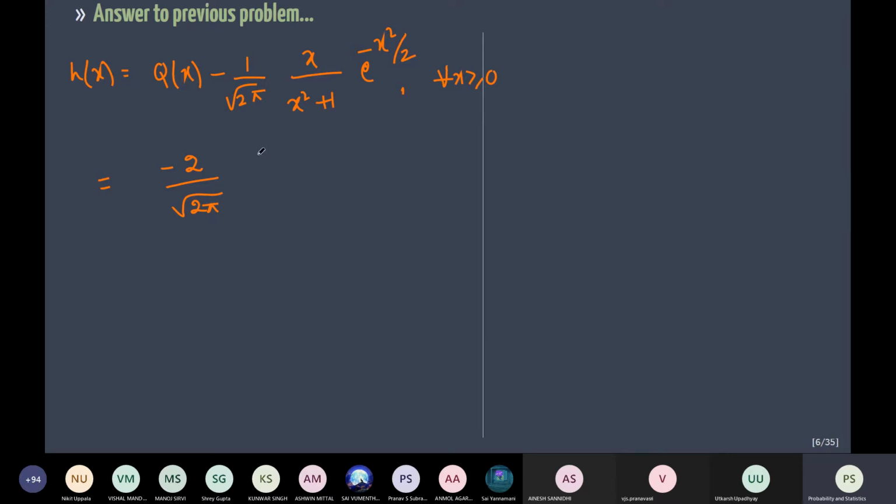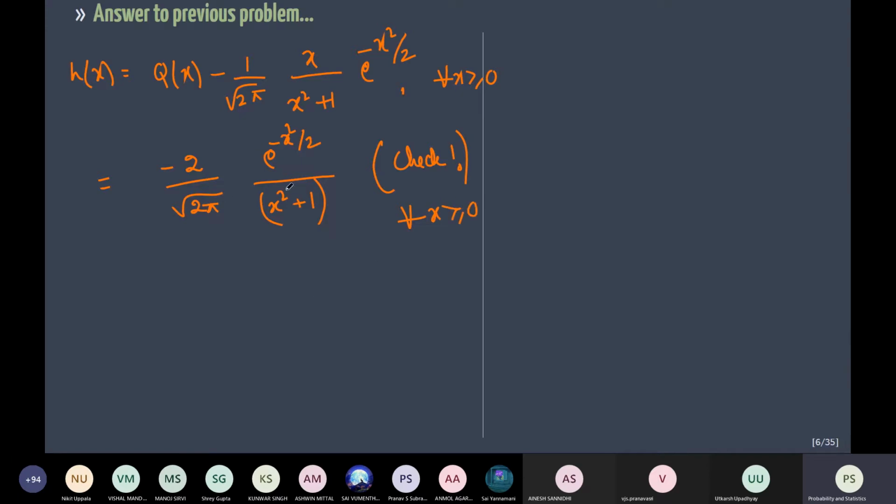What I will be left with after the derivative is minus x square by 2 by x square plus 1. After simplification, this is what I claim to get. Check that this is the derivative of this. There are a couple of steps needed here, which I'm skipping. This is for all x greater than equal to 0.